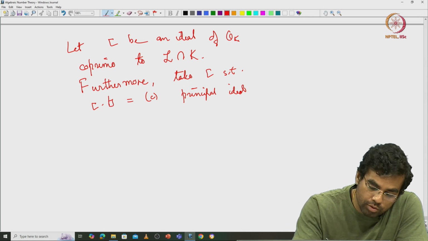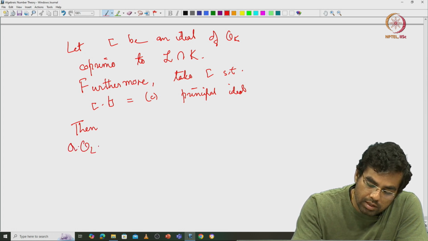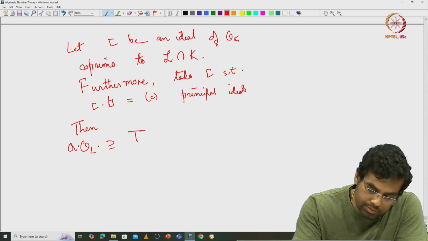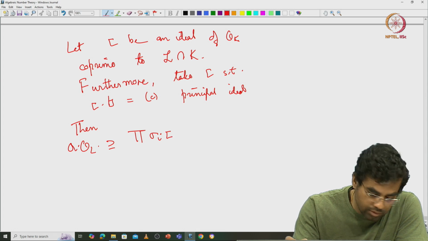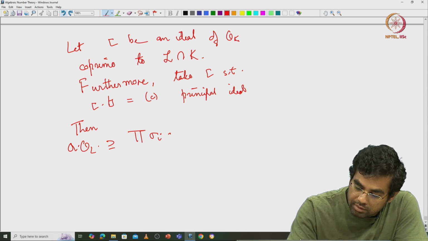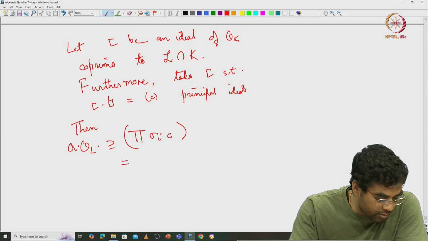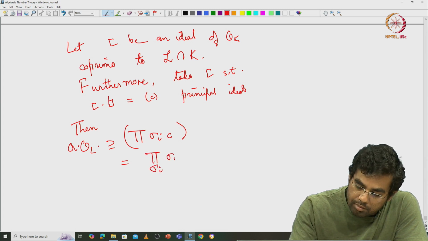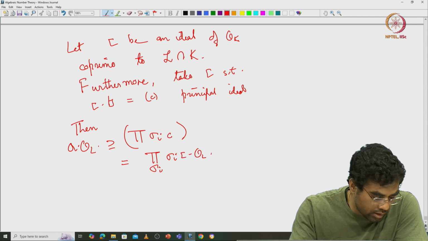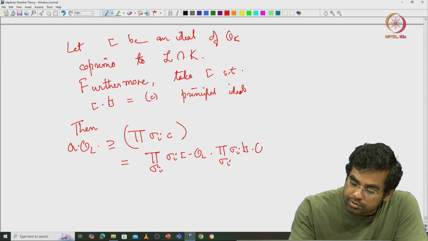Okay. So, then what we can show is that A times OL contains the product over sigma I of all these C's, well, not this kind of C, sorry, this C. So, you take the ideal generated by this, but this is of course equal to the product over all sigma I of sigma I C times OL, times the product over all sigma I of sigma I B times OL.